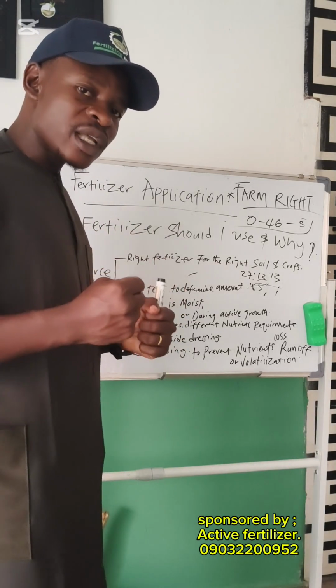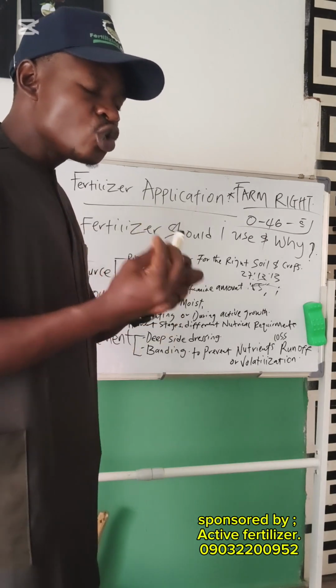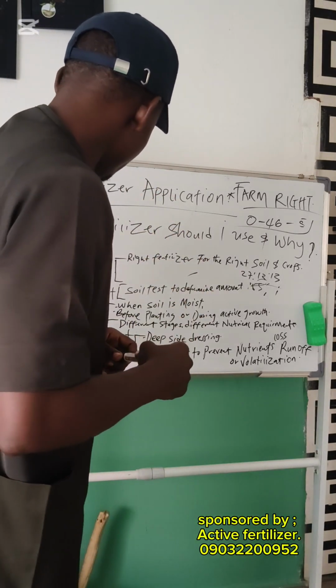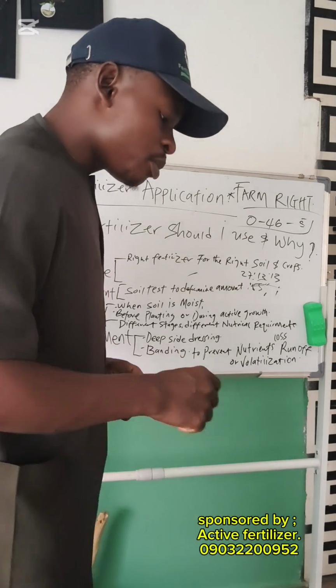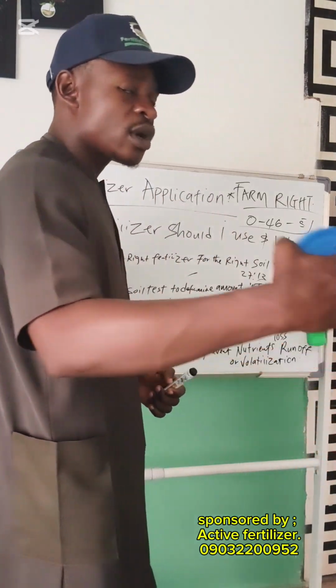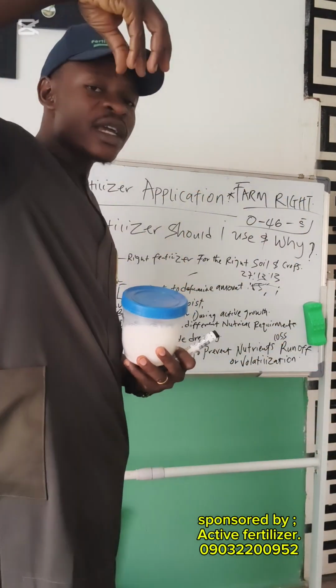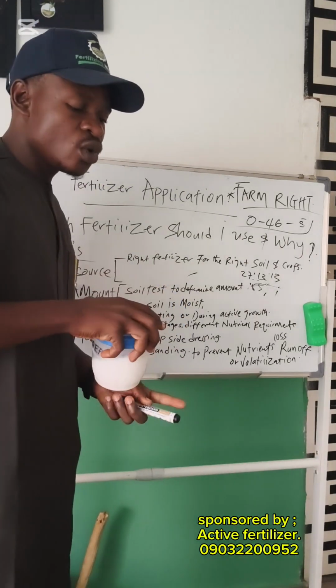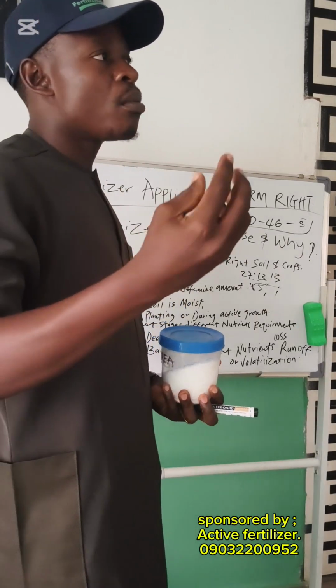There is a standard amount of nutrient requirement per crop. Take for instance, you cannot apply the same amount of fertilizer you apply to a stand of rice to a stand of maize, because you know that maize requires more.